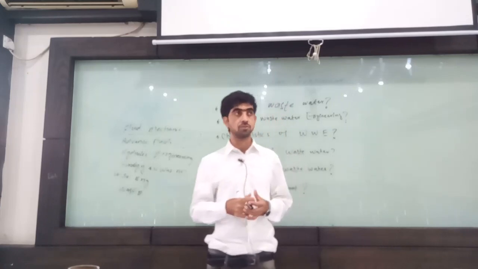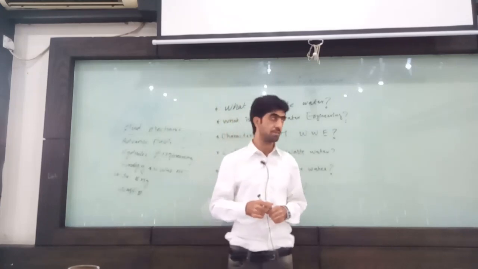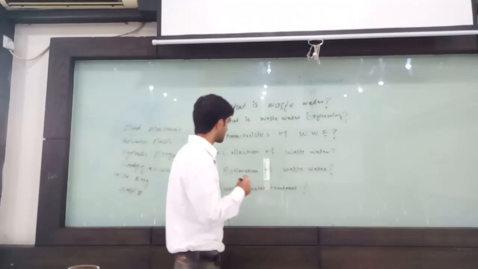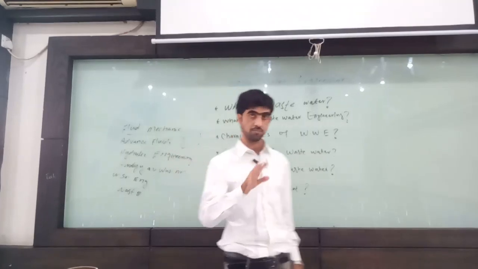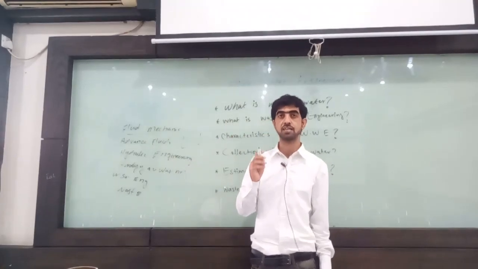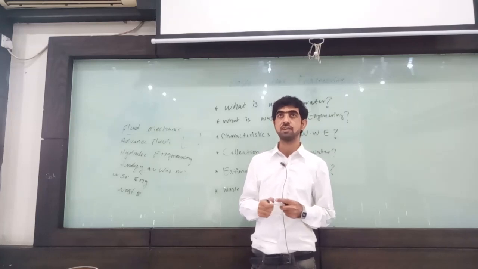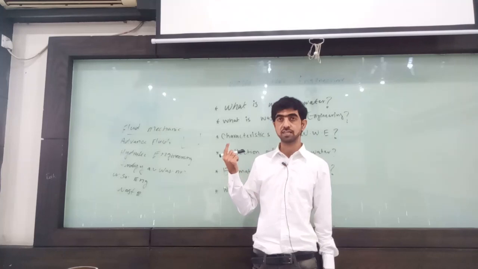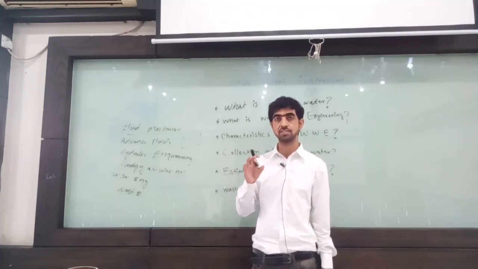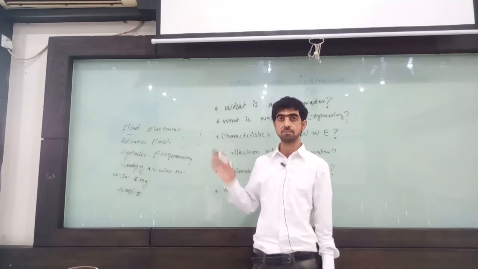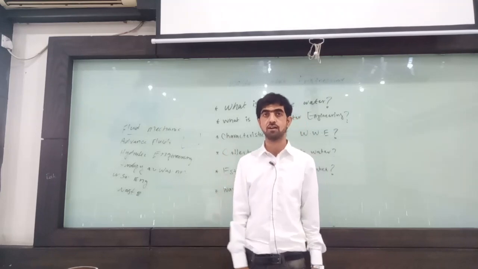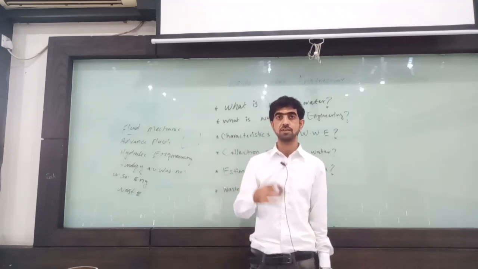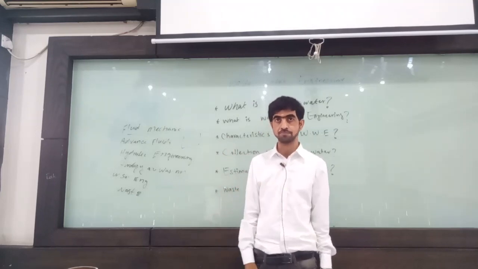Okay. So basically there are three types of characteristics: physical, chemical and biological. First of all, we study the physical characteristics. If we study these characteristics properly, then on the basis of them we provide wastewater treatment before we dispose of it to the environment. Okay.